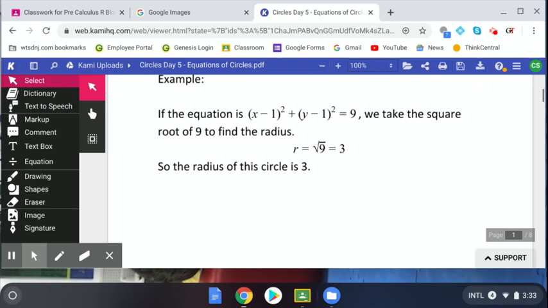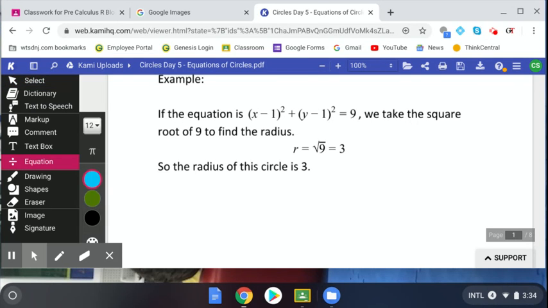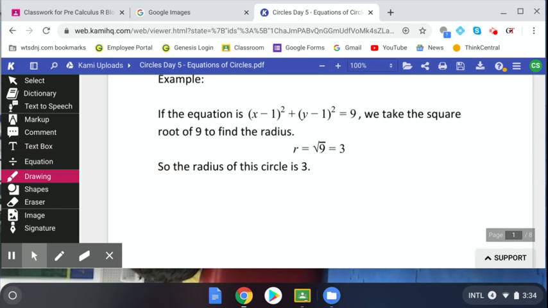If they give you an equation of the circle and you wish to determine the radius, you look at the number on the right hand side, which in this case is 9. You take the square root of that value, and the square root of 9 is 3, so the radius of this circle is 3.